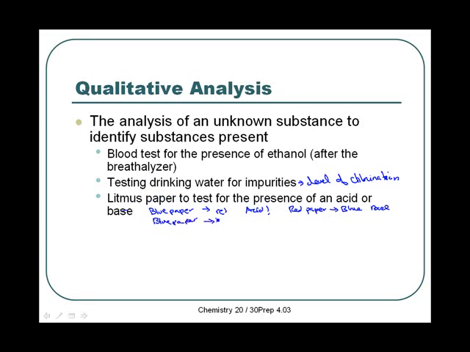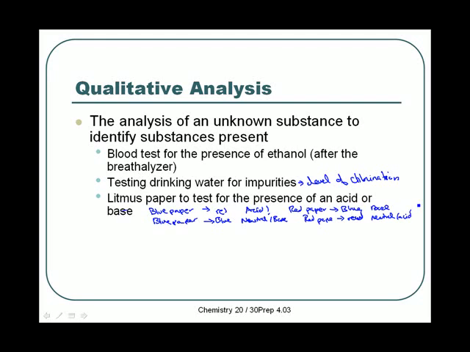If it stays blue, then you know it's not an acid. It's either neutral or a base. When you use red paper, if it stays red, then again, you know it's either neutral or an acid.